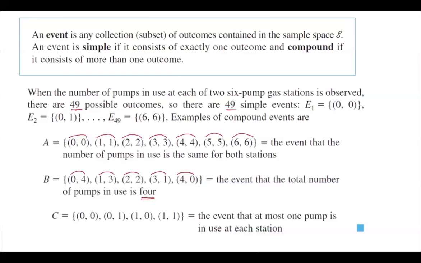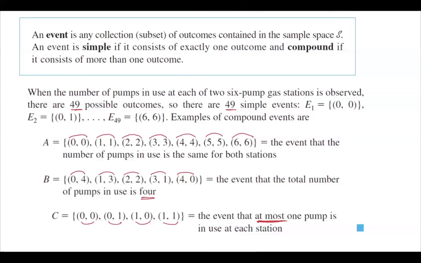We can also come up with another compound event, the event that at most 1 pump is used at each station, which can be written as no pump is used in either of these stations, 0 pumps in the first station and just 1 pump in the second station, 1 pump in the first station and no pump in the second station, 1 pump in the first station and also 1 pump in the second station.